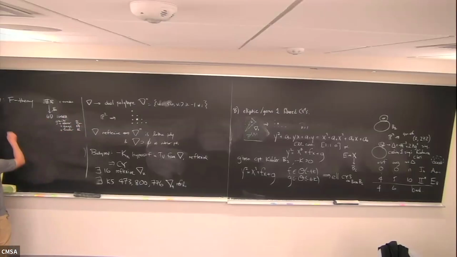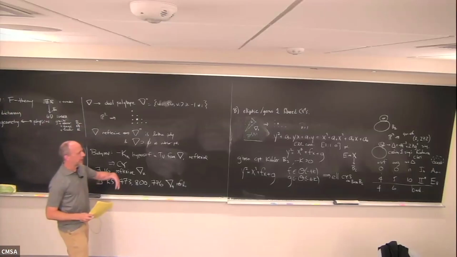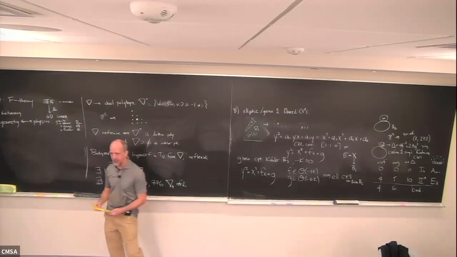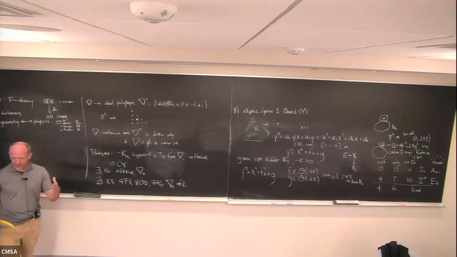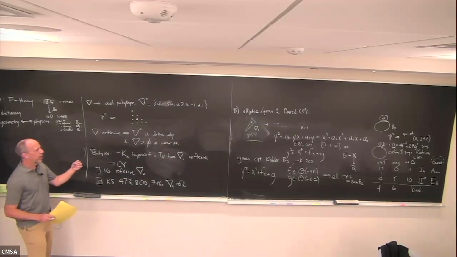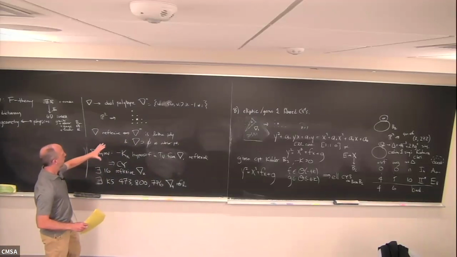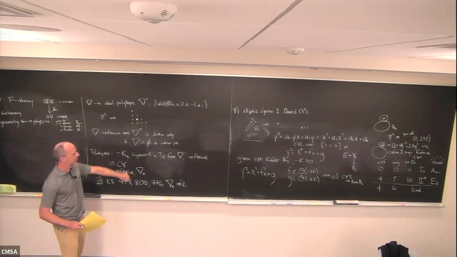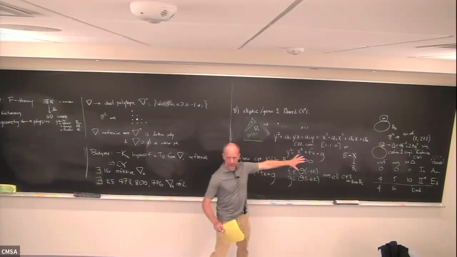And F-theory is basically a dictionary which goes from geometry to physics. And let me just tell you a few pieces of this dictionary because it will be helpful in understanding what I say next. And really part of the theme of what I'm trying to say here is we're going to compare these toric hypersurface Calabi-Yaus to elliptic Calabi-Yaus.